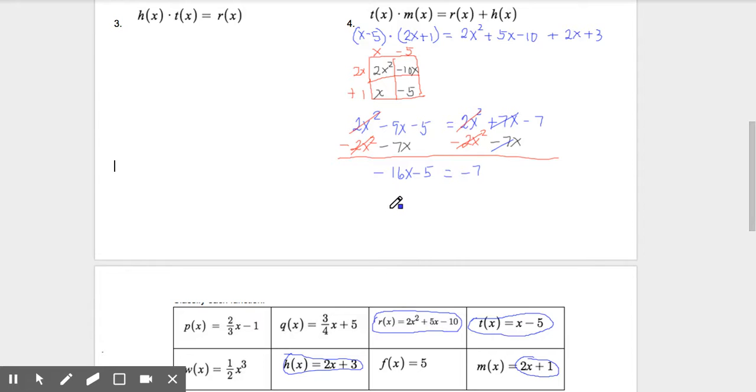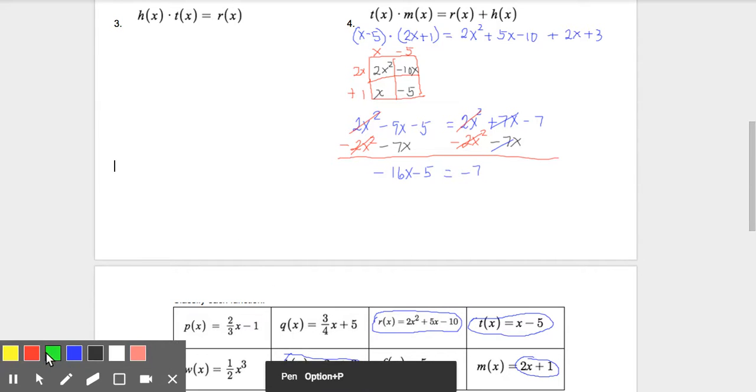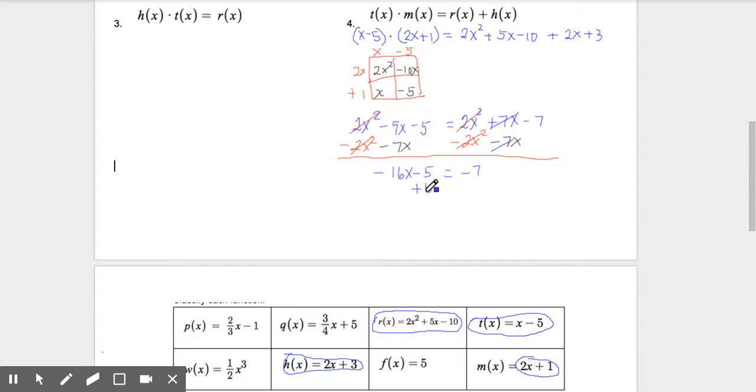All right, then now we just need to isolate the x. So we'll do plus 5 to the left and plus 5 to the right. Now when we do that, the constant disappears from the left side, and therefore negative 16x is by itself now. So we'll just bring down negative 16x equals negative 2.